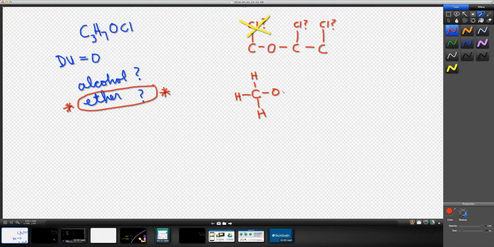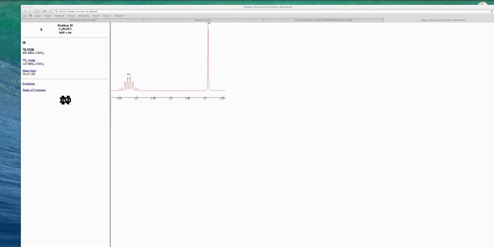And of course, I'm going to have a carbon and a carbon. Is the chlorine bonded to carbon number 1 or to carbon number 2? Answer this question again. Let's look at the proton NMR. I have 4 hydrogens that are nearly equivalent. You'd be really tempted to say that these 2 hydrogen environments are equivalent.